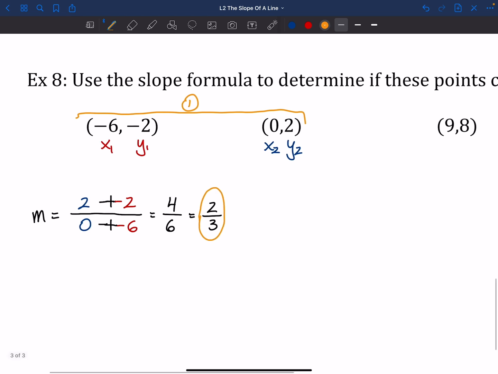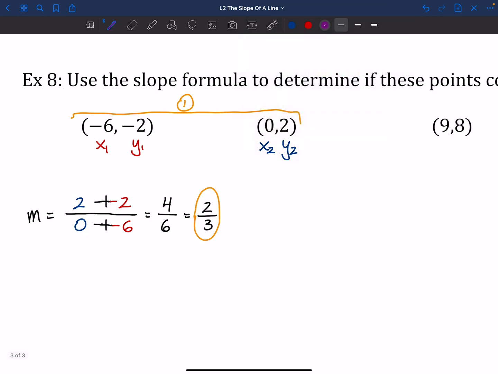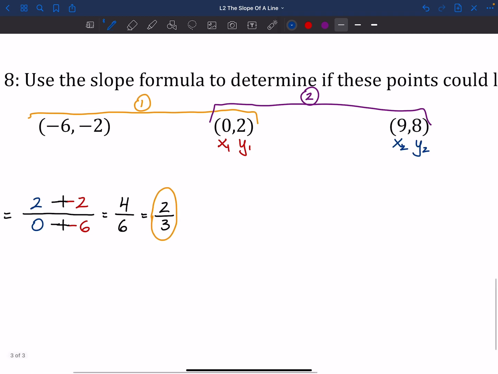When we do out this second one, let's use this nice purple color. What I would suggest doing, and you don't have to do this, just to make things a little bit easier on our brains, I like to erase the labels that I used for the first problem, because then I can call this one x1, y1, and this one x2, y2 for the next part of our problem.